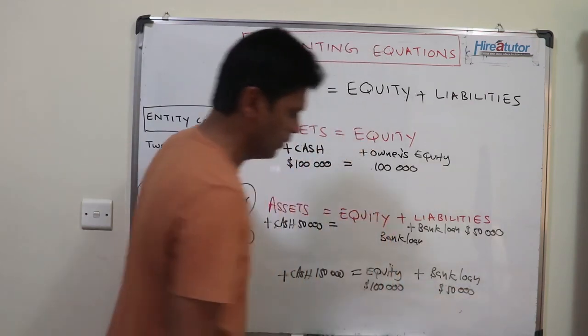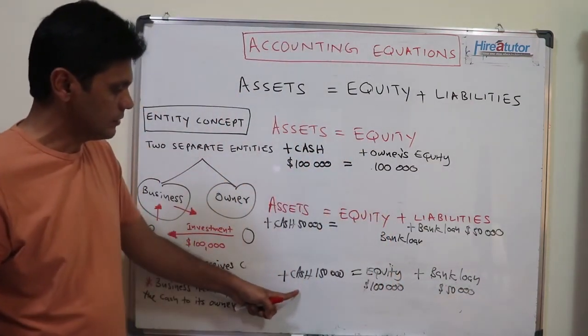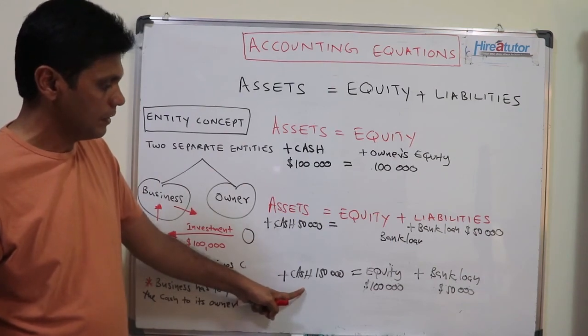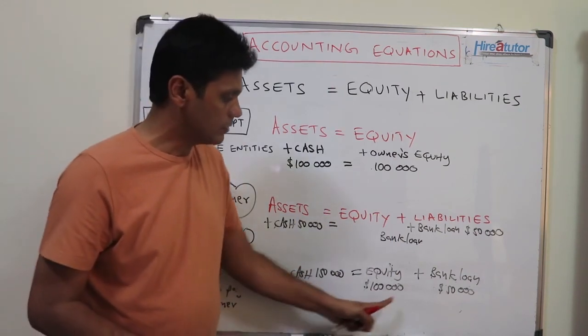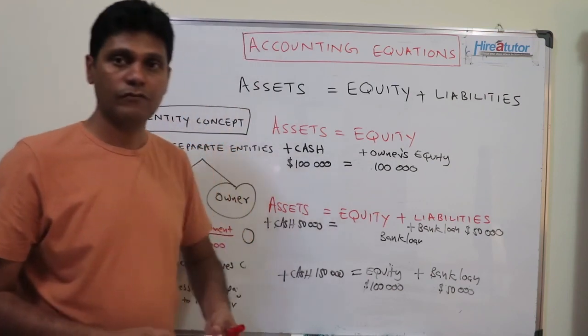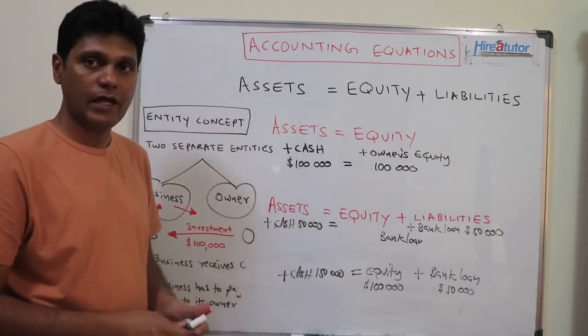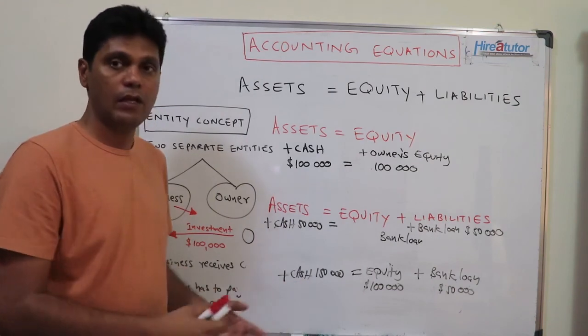So your total assets of 150,000 equal equity 100,000 plus bank loan 50,000. At any given time your balance sheet equation will balance.